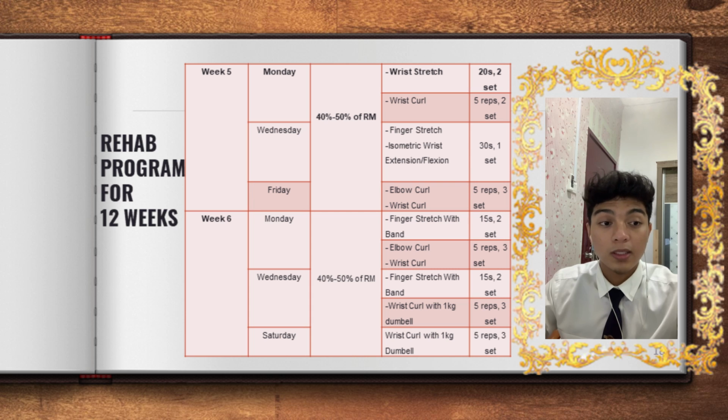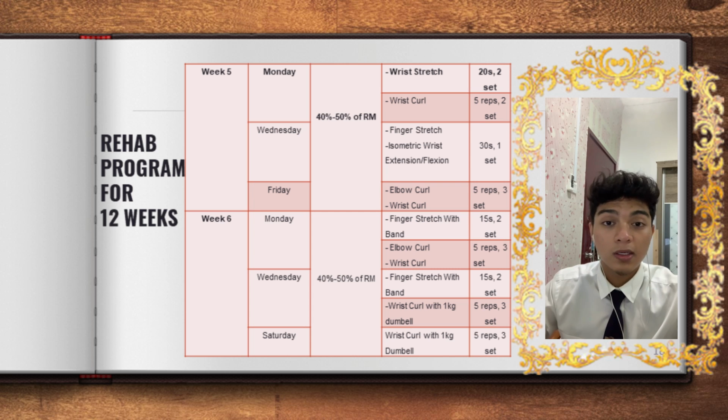So we put in some assistance because it will help to build up the strength for this injury. So we have finger stretch with bend, which will be 50 seconds for 2 sets.